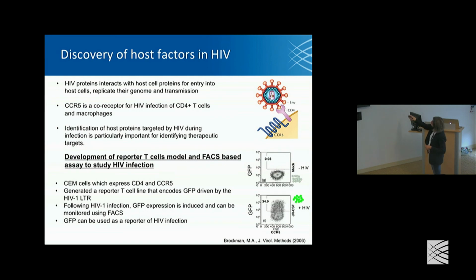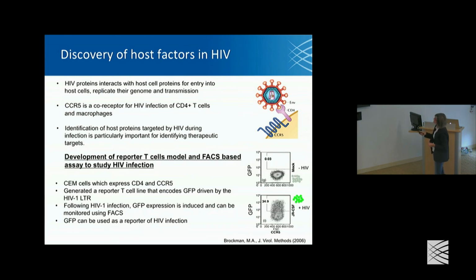So everything starts when the envelope protein engages the CD4 receptor and the CCR5 co-receptor, so there's a fusion of the 2 membranes, and the virus enters those cells. So it's very important for a therapeutic reason to find the host proteins targeted by HIV.